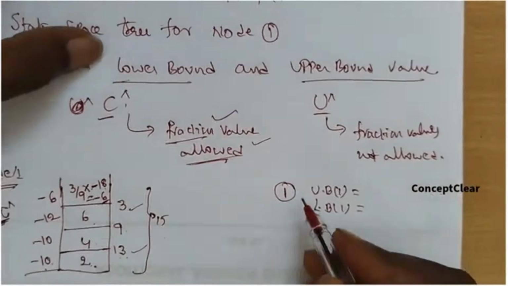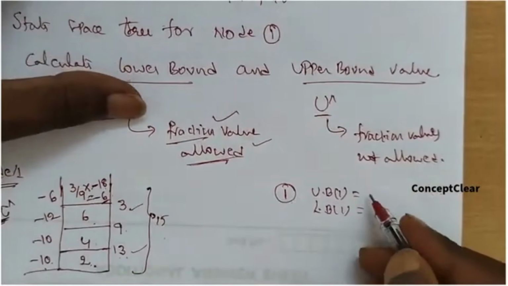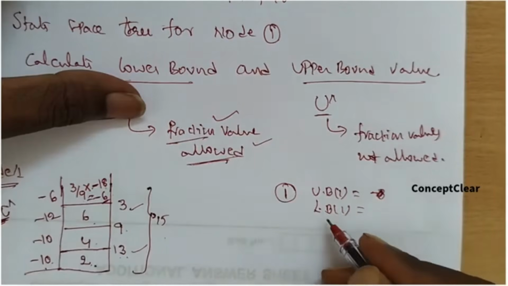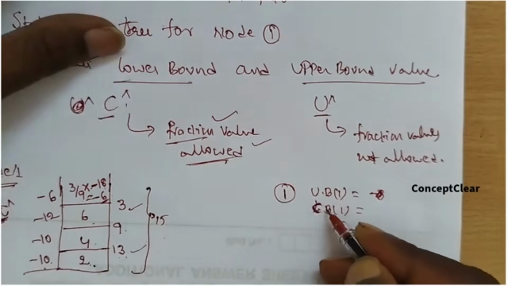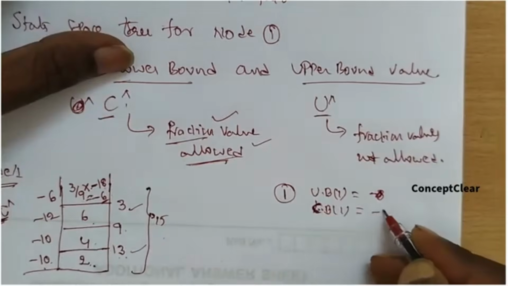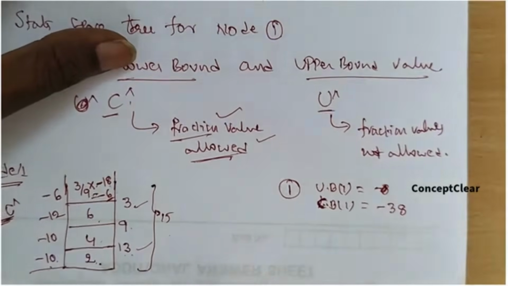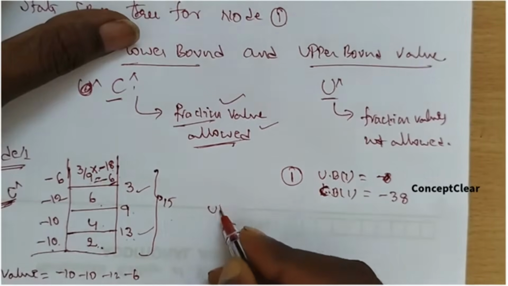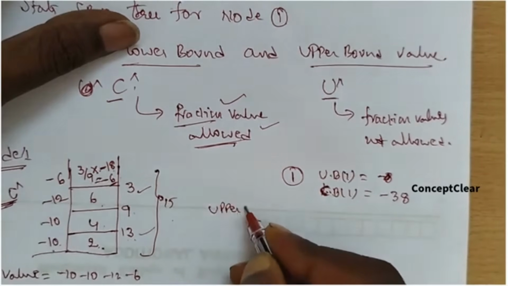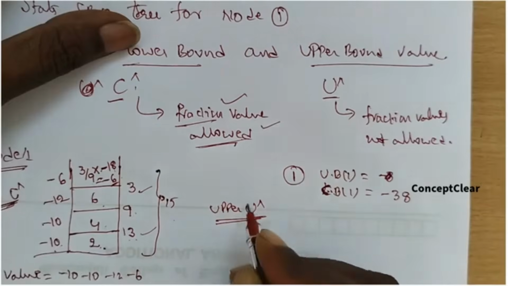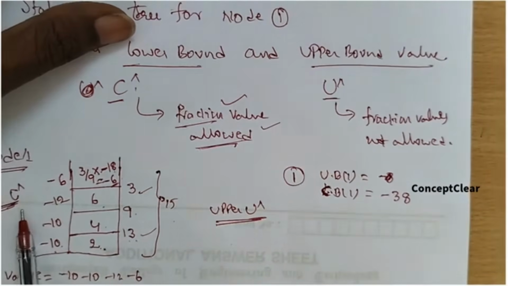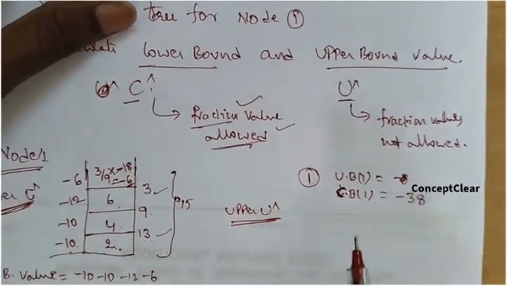So update the root node 1: the lower bound, C cap, is minus 38. And what about the upper bound value for node 1? The upper bound is called U cap. Don't forget, C cap means the lower bound value and U cap means the upper bound value.